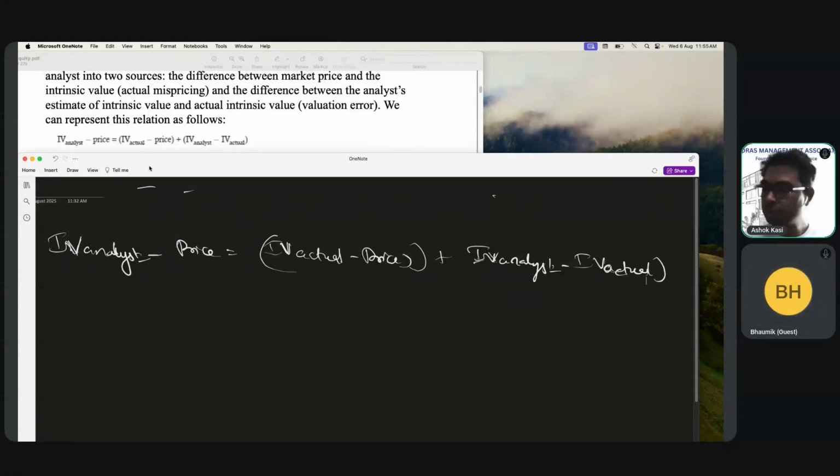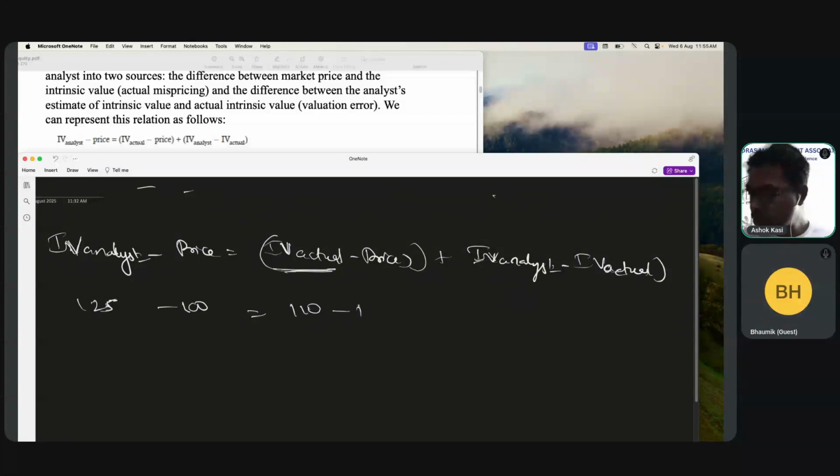All you have to do is keep it like an example, and it will be easy. Intrinsic value of an analyst and the price. Think that the analyst is very positive. The actual price is 100 rupees, and he says it should be 125. When he says 125, it is quite possible that the actual intrinsic value might be only 110, because he was optimistic about the company.